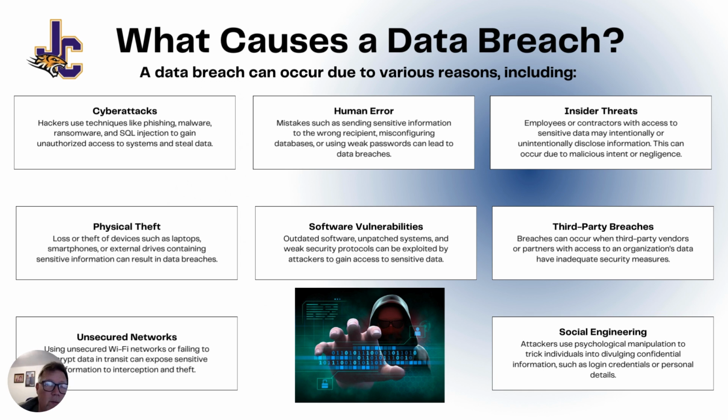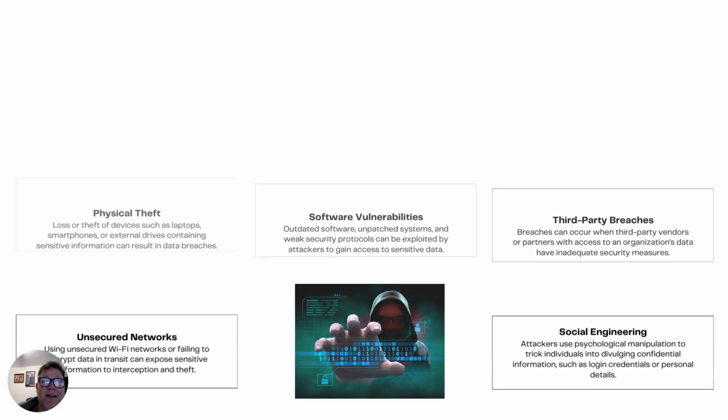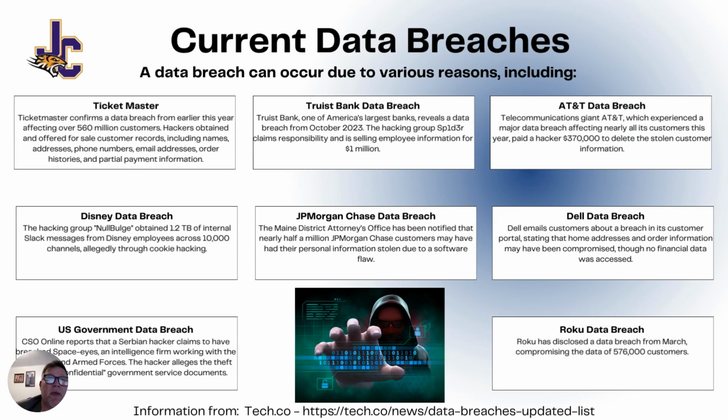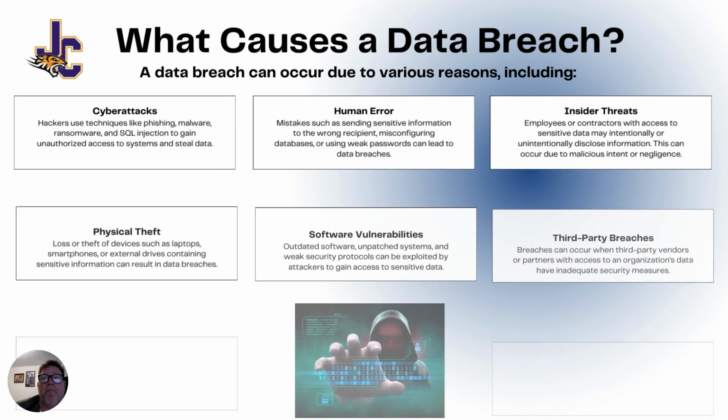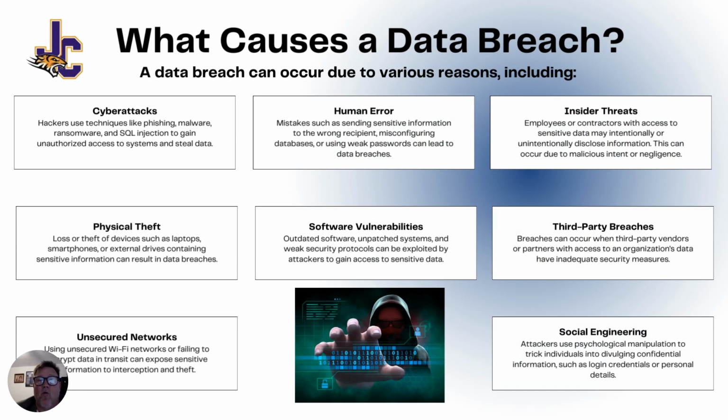Third-party breaches. Sometimes you cannot control third-party breaches. I mean, you go to the hospital and you leave your health records there. You're open to whatever happens to the hospital because that vendor has those things. Unsecure network. You go into McDonald's, that's an open network. There's a good possibility you could be jumping onto something. And then social engineering, which of course is they use tactics and methods to manipulate you.